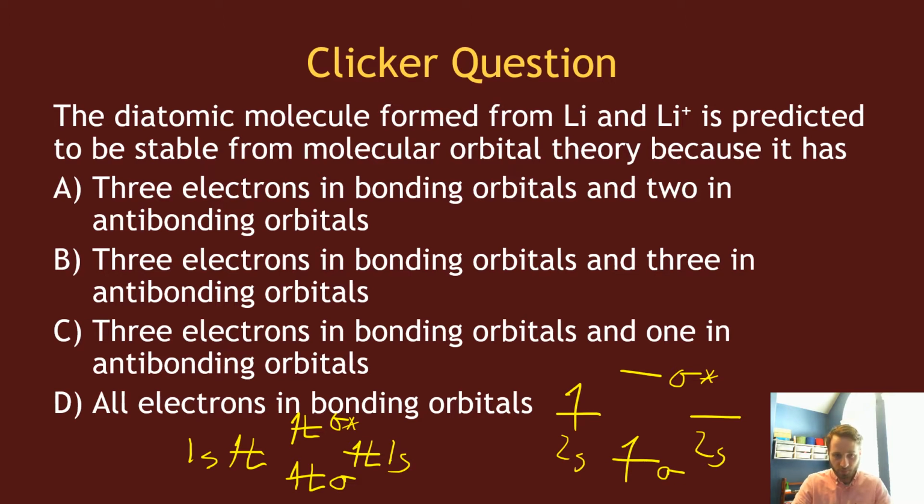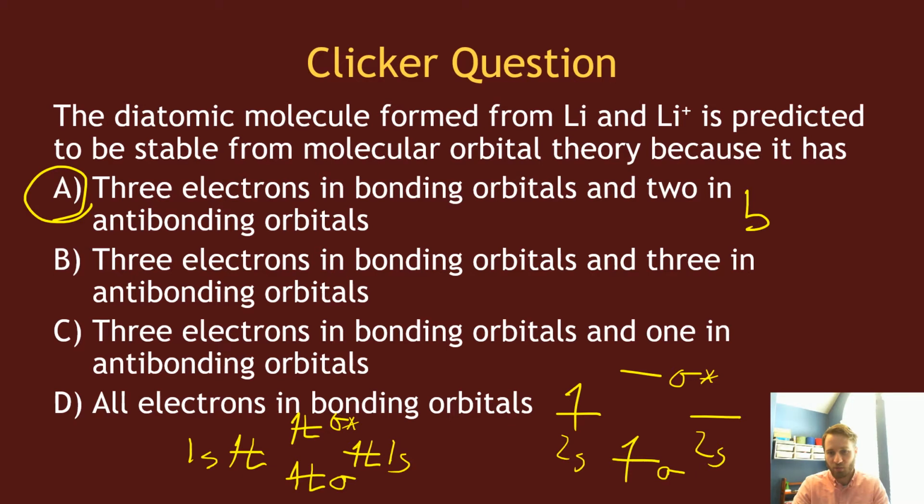In A, B, and C, the number of electrons in the bonding orbitals is correct, but the number of electrons in the anti-bonding orbitals is 2. So A here is the answer: 3 electrons in the bonding and 2 in the anti-bonding orbitals.